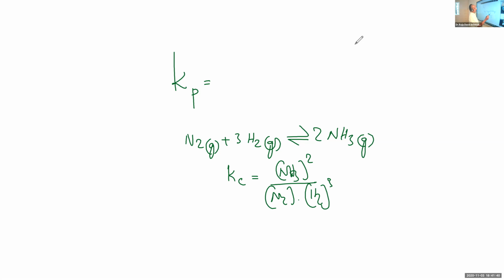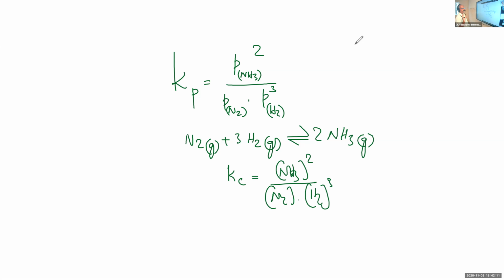So instead of concentration of ammonia, you write partial pressure of ammonia squared by partial pressure of nitrogen into partial pressure of hydrogen raised to the power of 3.